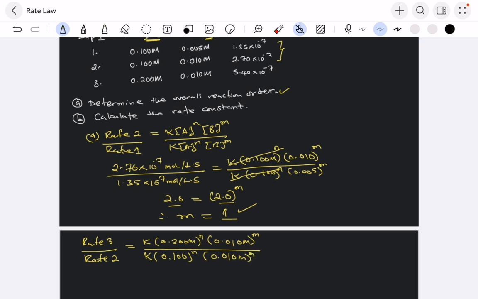So here we realize that this and this will cancel, and the K and this will cancel.